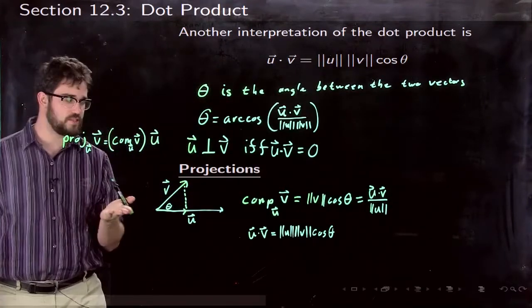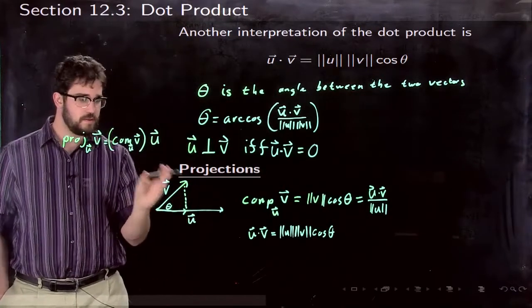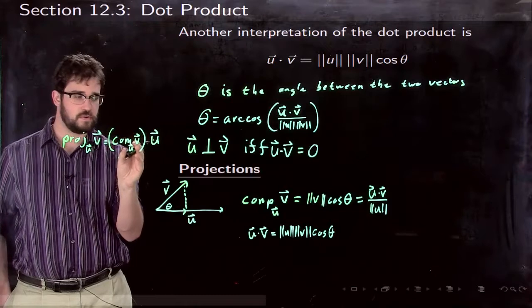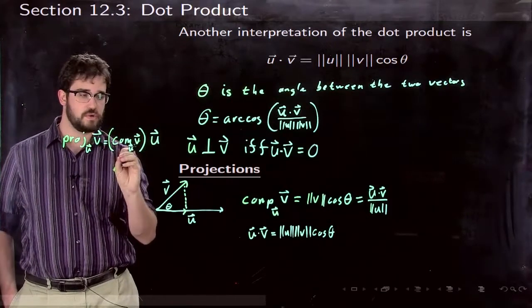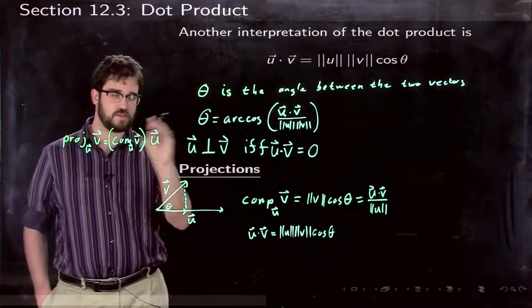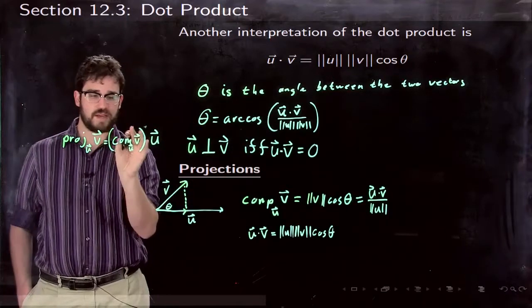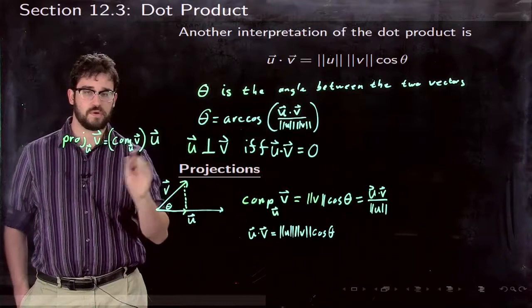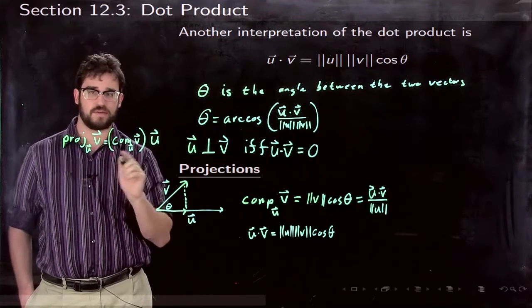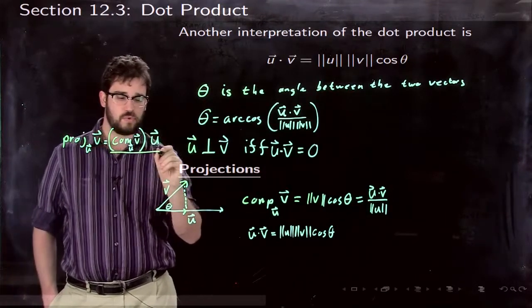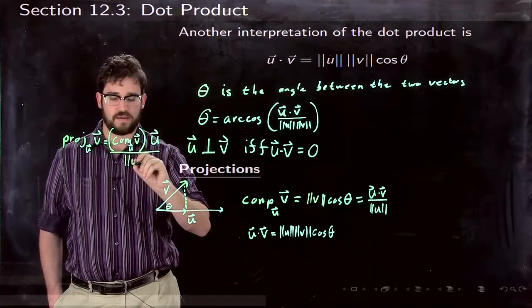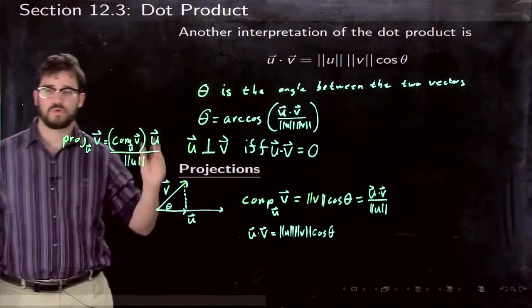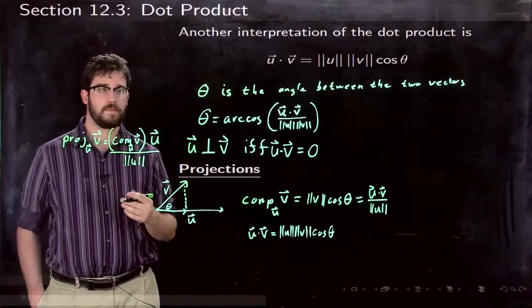And now it's in this direction. But this is component of v onto u times the magnitude of u. We only want the magnitude of this whole thing to be the component of v onto u, so we need to get rid of the magnitude of u. So we just divide this by the magnitude of u. You just do what seems logical there.